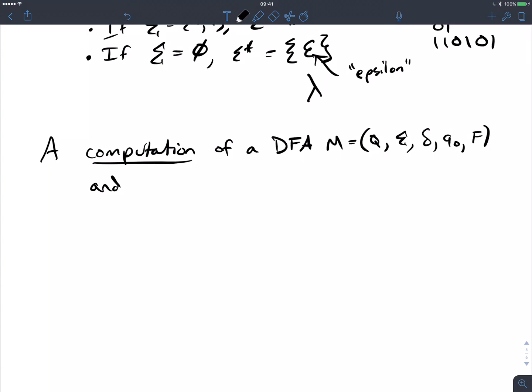It could be any string. So we say a string w in sigma star.